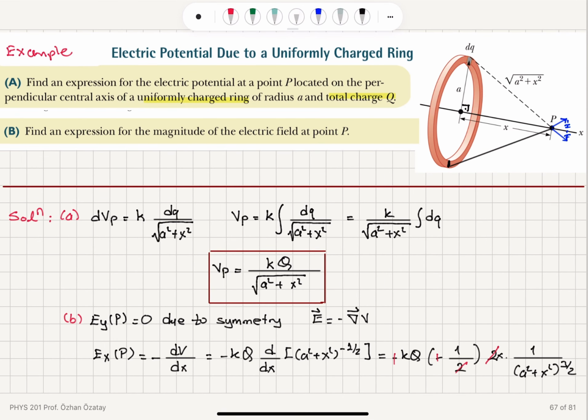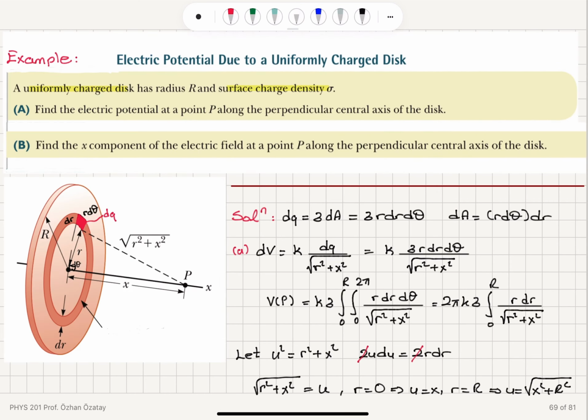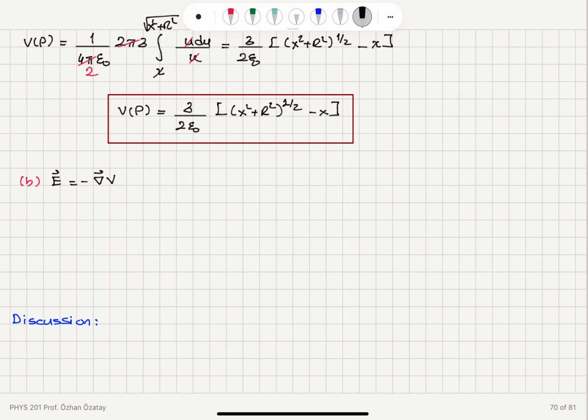This is exactly the same situation that happened for the uniformly charged ring. The y components cancelled. So from symmetry, the y component of the electric field will be 0 anyway. So Ey is 0 due to symmetry.